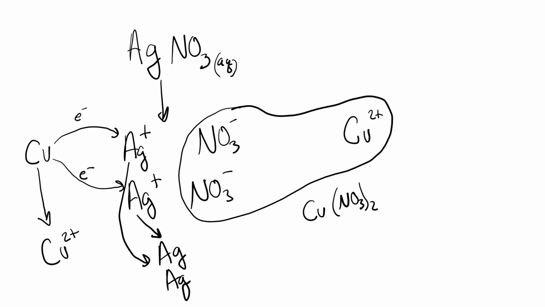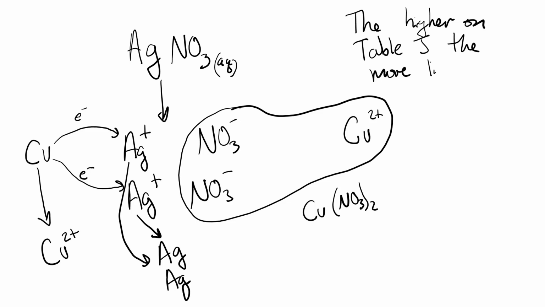So you should realize that the higher on table J, the more likely it will become an ion, and it will replace other ions.